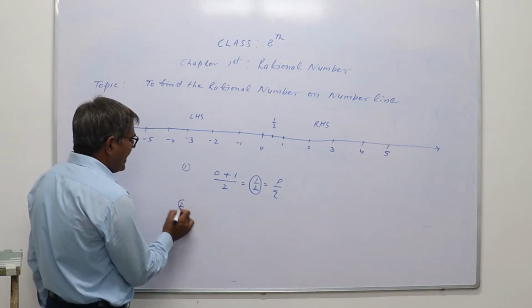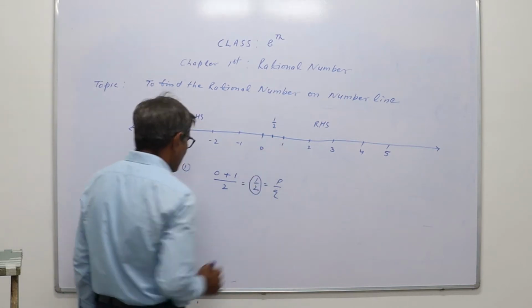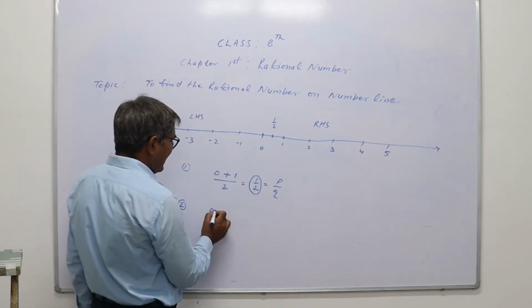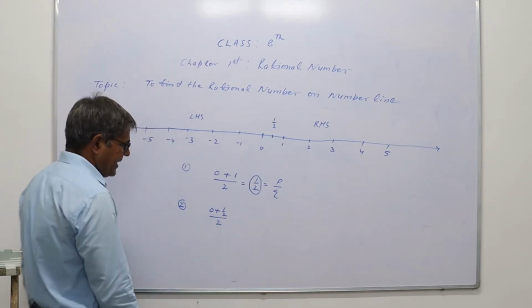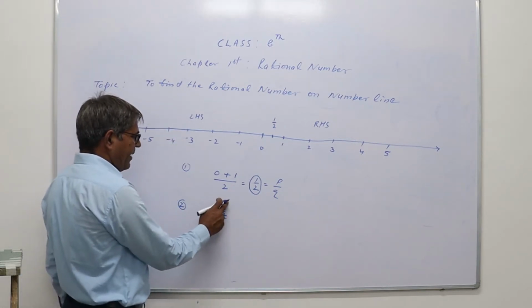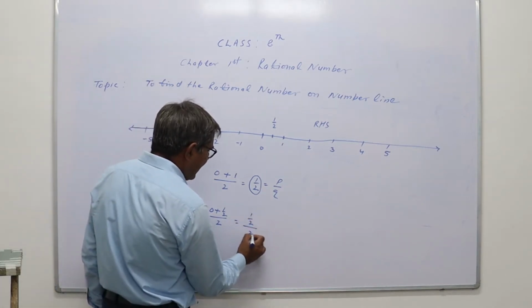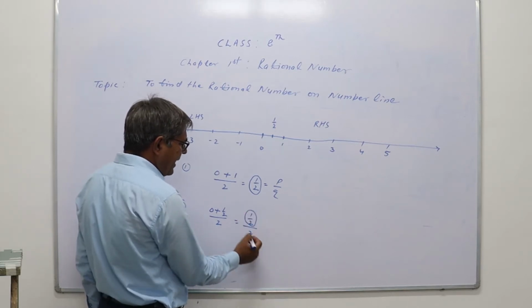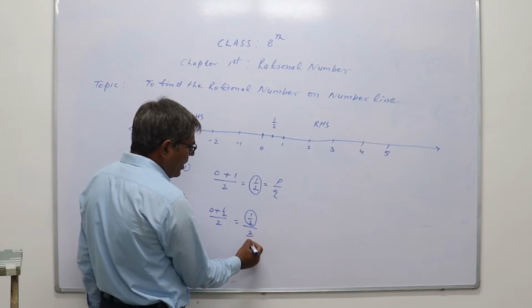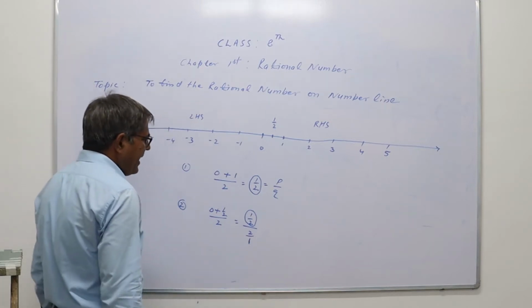Similarly, if we have to find one more rational number between 0 and 1 by 2, then we will add 0 and 1 by 2 and divide by 2. That is, the average of 0 and 1 by 2 is (1 by 2) divided by 2. So the numerator is 1 by 2, a rational number, and the denominator is 2. Every integer can be expressed as a rational number by writing the denominator as 1.